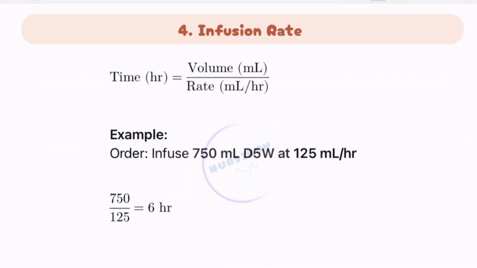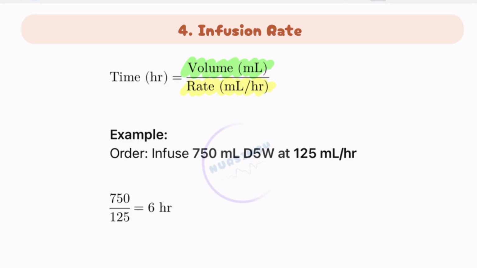In this formula we are going to find out the infusion rate in hours. You need volume in ml, and then you need the rate, at what rate the fluid is going through. So if the order is 750 ml of dextrose 5% in water at 125 ml per hour, how many hours is it going to take?